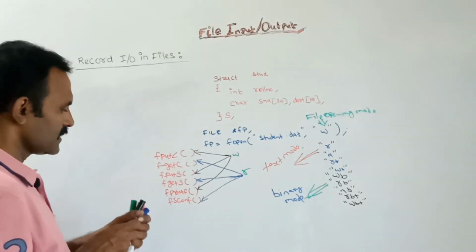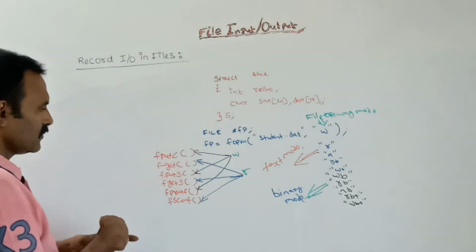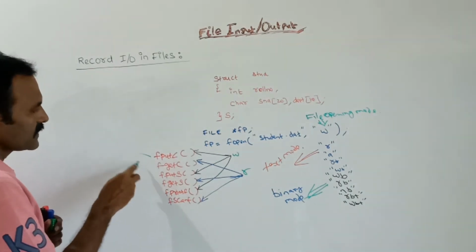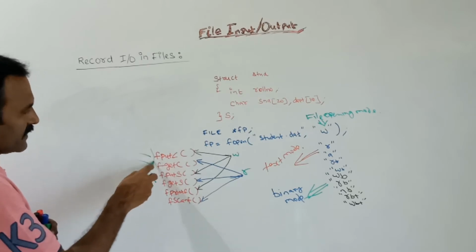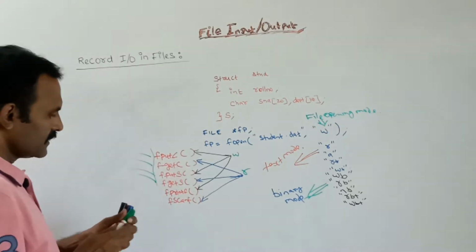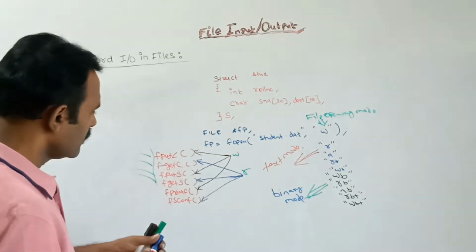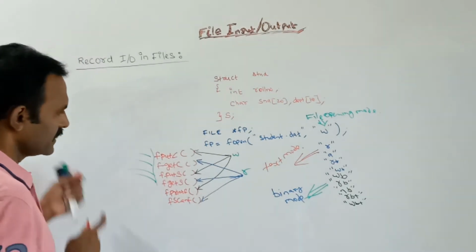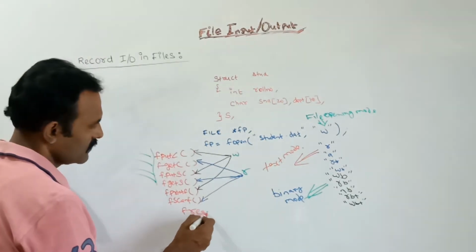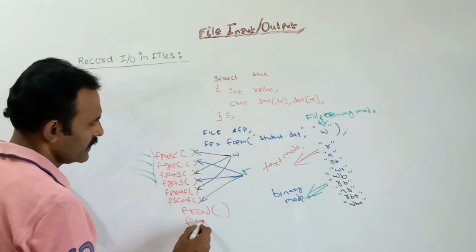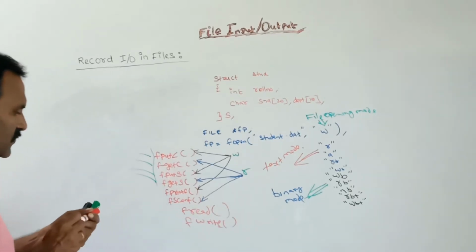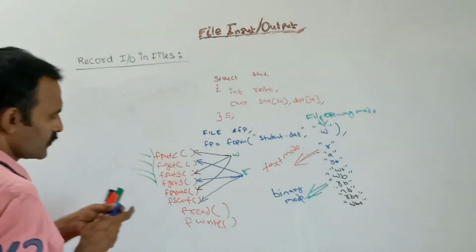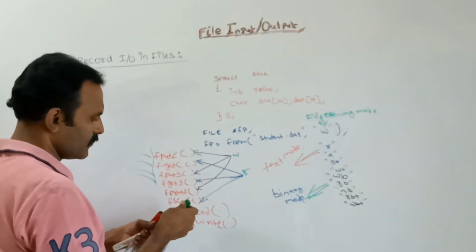So among these, up to this we have seen the fputs, fgets and fgetc functions. Next, in binary mode, by the help of the functions fread and fwrite, we can read and write records in a file in binary mode.